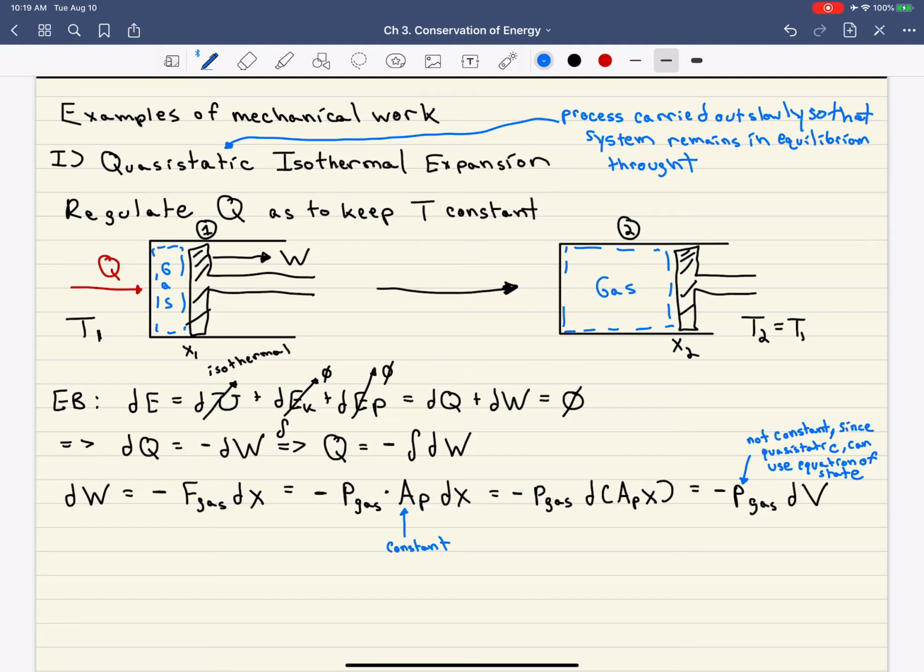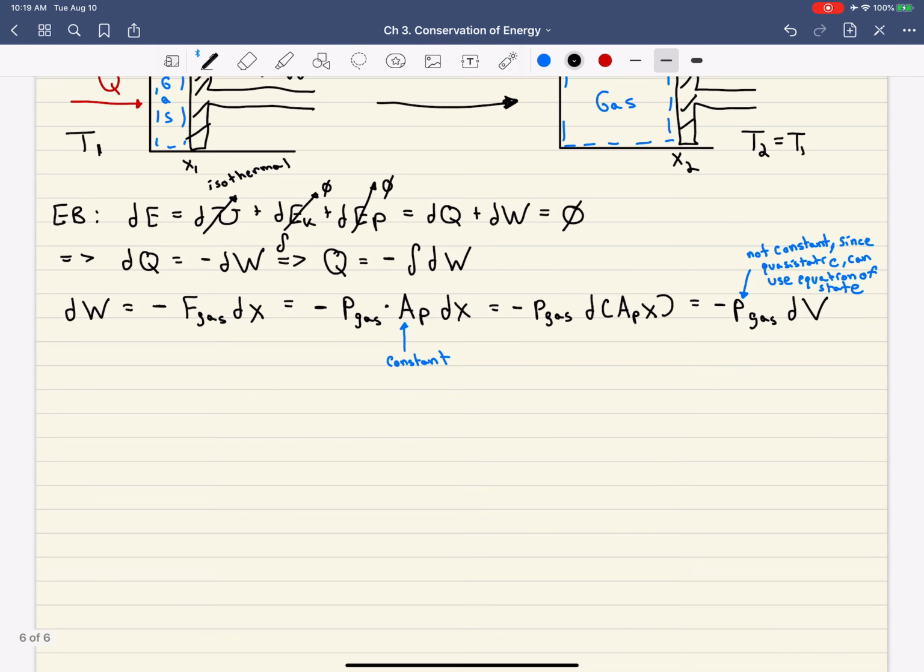And by equation of state, I mean we could use some sort of equation that relates pressure to volume and temperature. One such equation that we're all very familiar with at this point is the ideal gas law. So if we assume an ideal gas, we can use that ideal gas law.